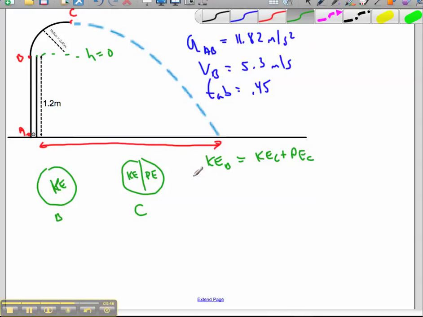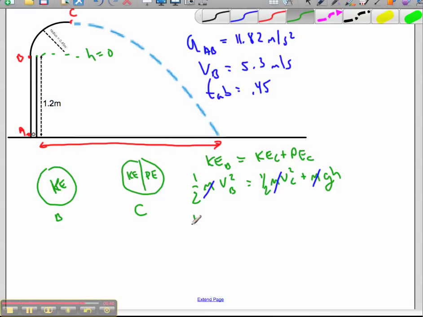This is going to be 1/2 times the mass of the electron times velocity squared at B. This is going to be 1/2 the mass of the electron times velocity squared at C. And this is going to be the mass of the electron times the gravitational field constant times its height. Playing a little algebra trick here, you'll notice that m is in each term, and so if we divide the equation by m, we create a much simpler equation to work with.